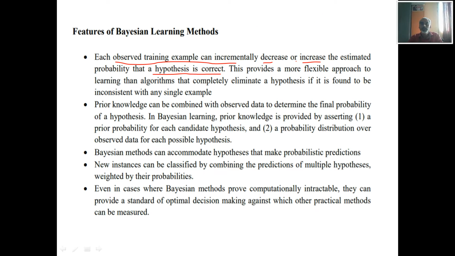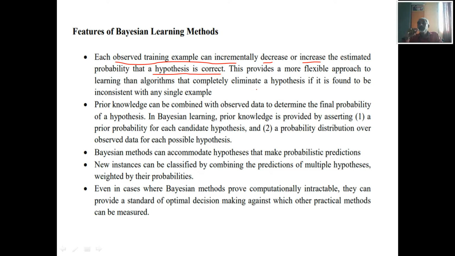So this provides a more flexible approach to the learning algorithm, unlike one that completely eliminates a hypothesis if it is found to be inconsistent with any single example. So already we have seen the candidate elimination algorithm, Find-S algorithm, ID3 algorithm. There, when you have a set of hypotheses, how are we going to reject a hypothesis, how do we say that this particular hypothesis is inconsistent with the set of all training examples?